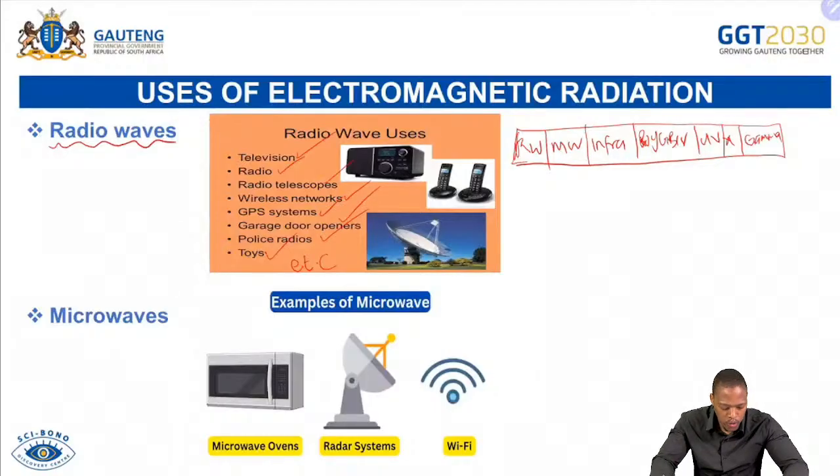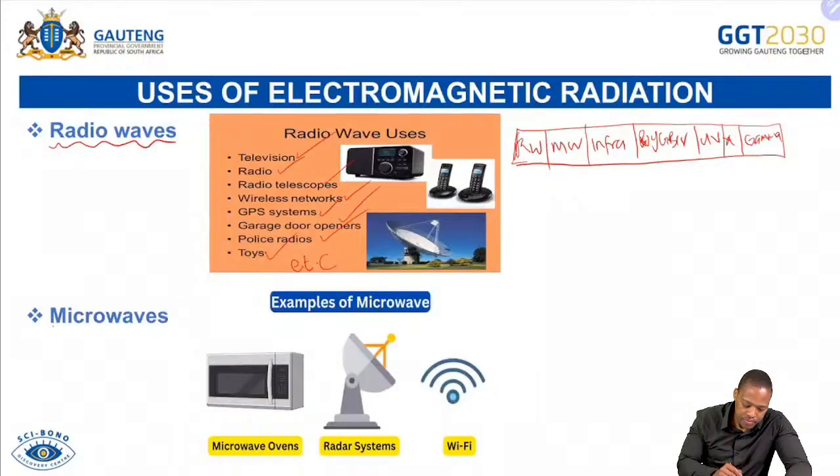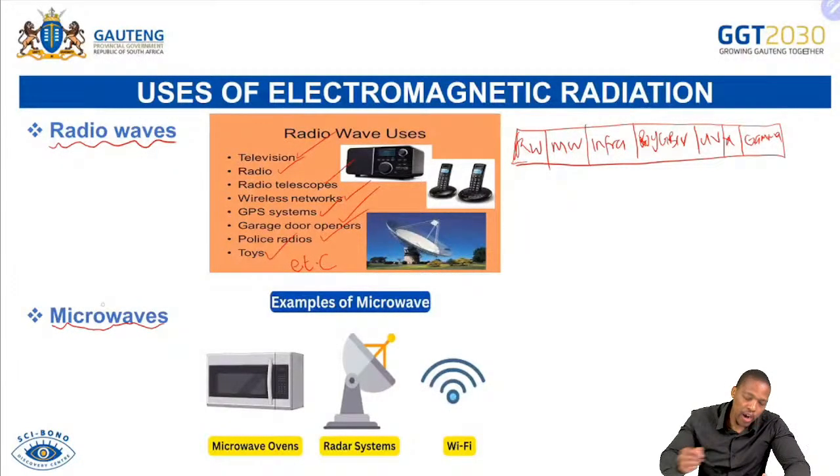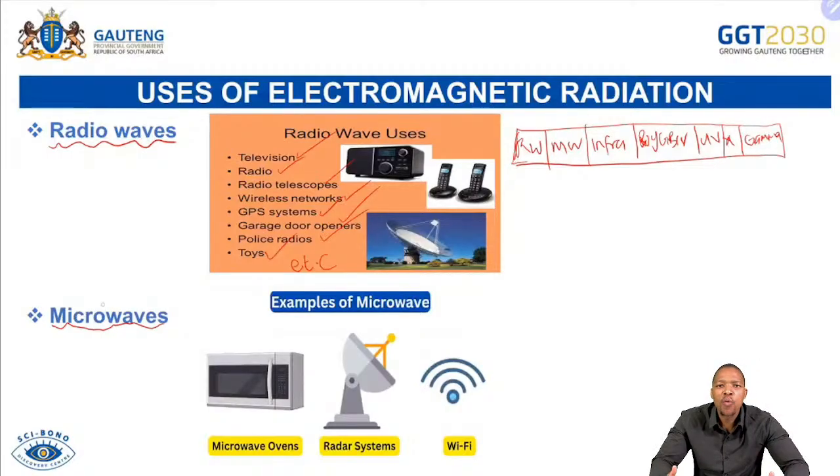Let's go to the next one. Microwaves. Some of the examples of microwaves. When people hear that microwaves are electromagnetic waves, they are surprised because they thought microwaves are these ovens or appliances that they use at home.